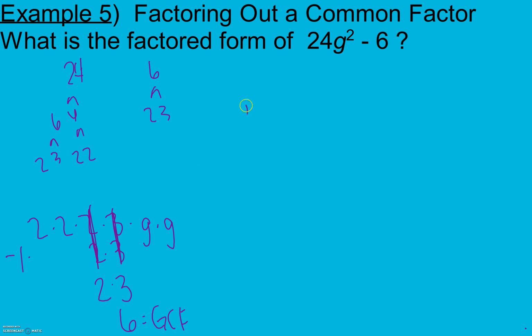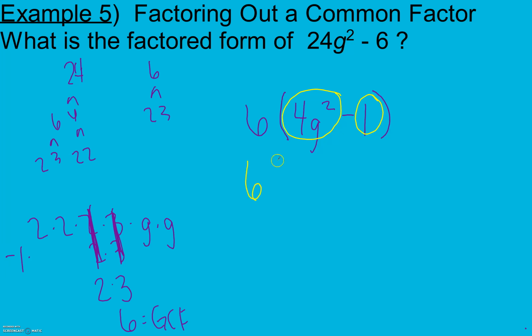We take that 6 out, just like I just did here. And what we have left is 4g squared in my first row minus 1. Factored out what's common there. Now, inside my parentheses, 4g squared is a perfect square and 1 is a perfect square.